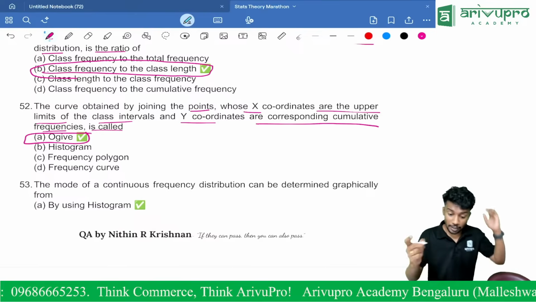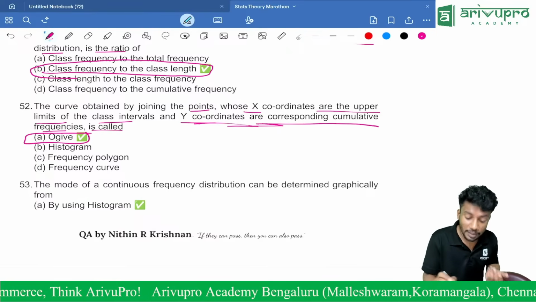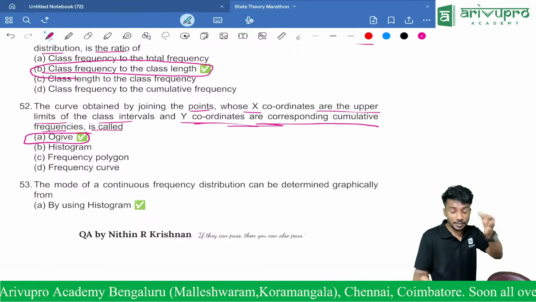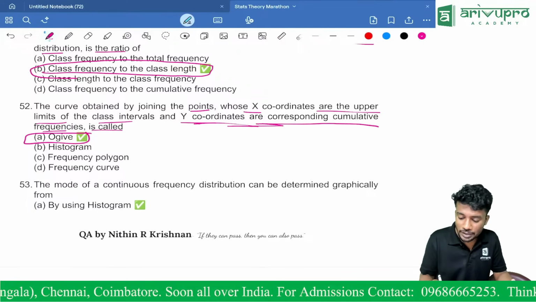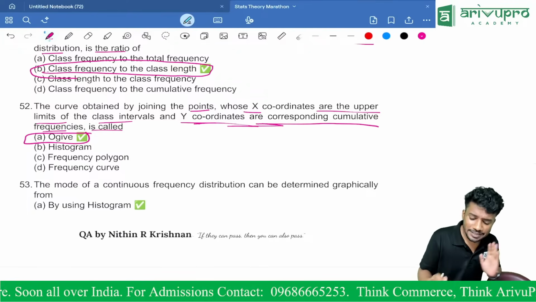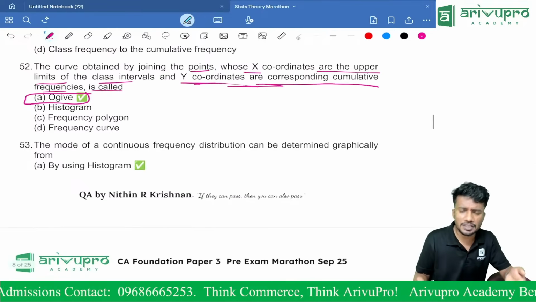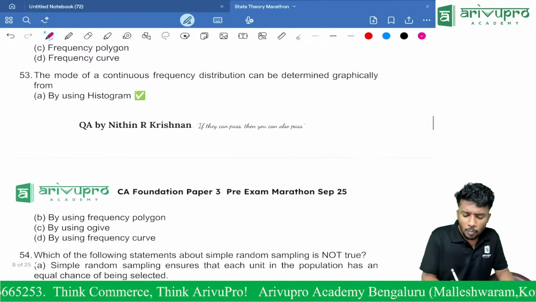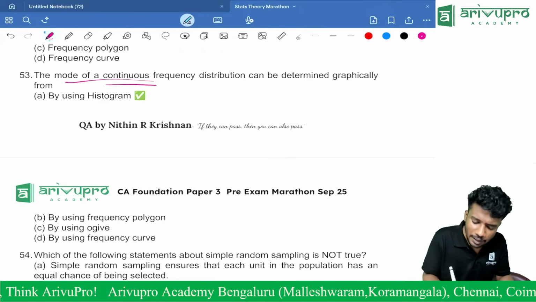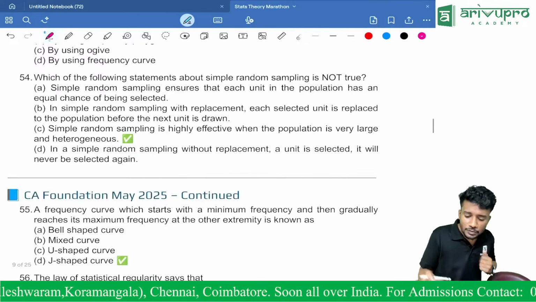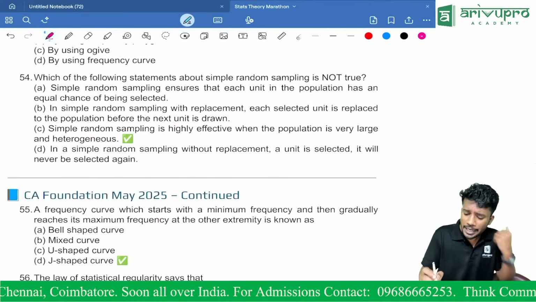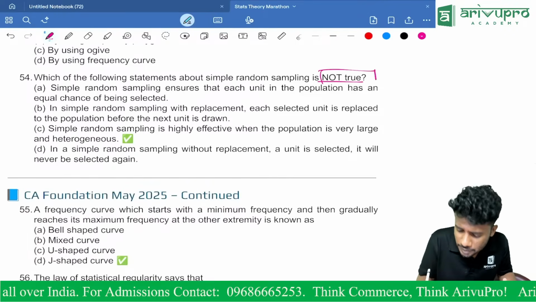Ogive. Earlier I mentioned x-axis for the y coordinates, sorry for that. Class intervals are represented on the x-axis, while cumulative frequencies are represented on the y-axis. It is called an ogive. Then mode is found using what? Histogram. Mode is found using a histogram. Then which of the following statements about simple random sampling is not true?